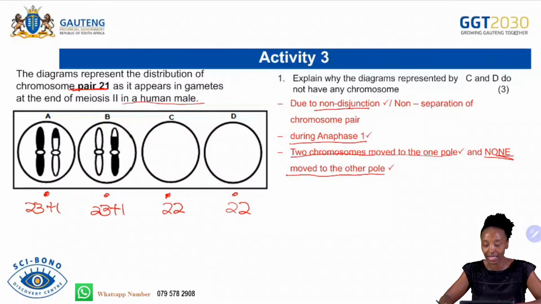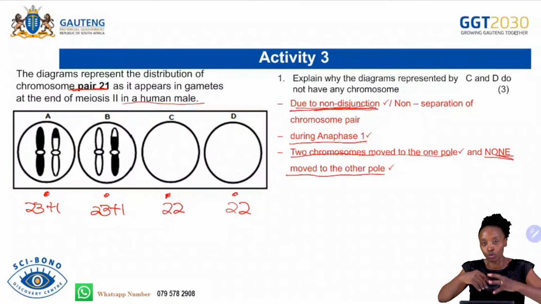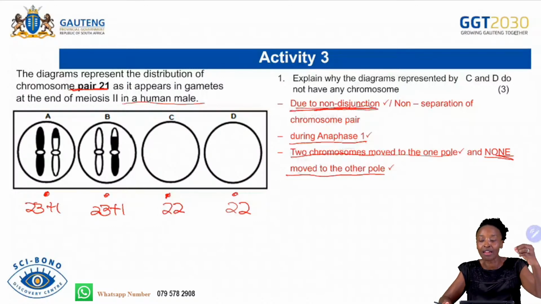We've mentioned the statement and the reason. So the cause here is the what? It is the failure to separate. It's non-disjunction. That is the cause. And what is the effect? The effect is that if they fail to separate, then this is what happens. They move together to the one pole, and then they lead to one cell having an extra.